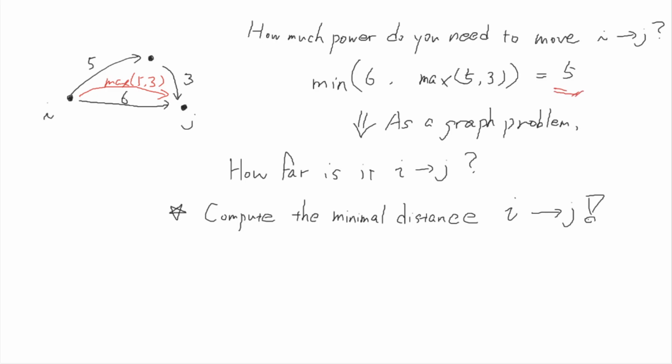Then the distance is 5. So interpreting it as a graph problem, you may ask how far it is from i to j. It is the same as this. So the problem is just to compute the minimal distance from i to j.